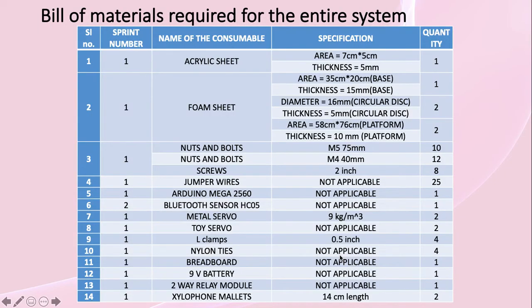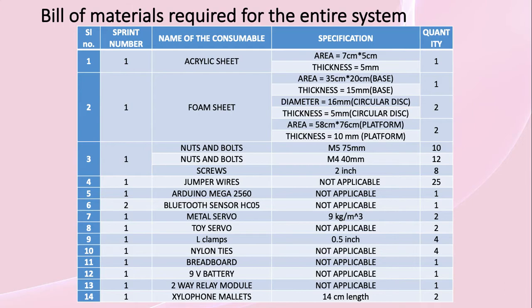This is the bill of materials for our system. We would be requiring acrylic sheet and foam sheet of different dimensions for the base, circular disc and the platform. Nuts and bolts as well as screws would be required to connect all of these. Jumper wires, Arduino Mega 2560 and the Bluetooth sensor HC05 to connect to the Music's app.